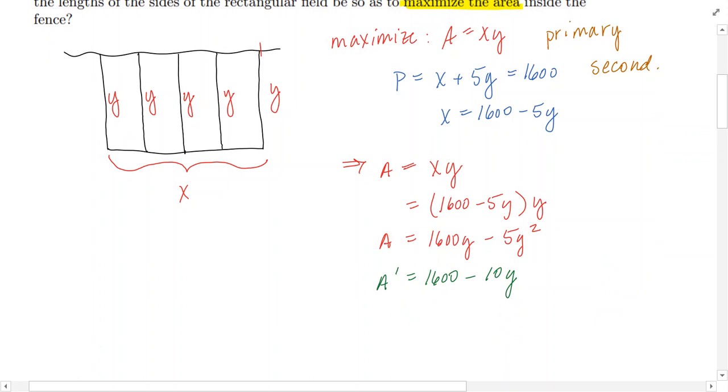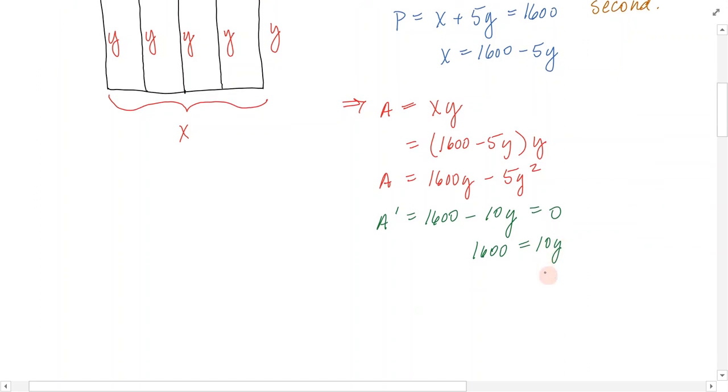So again, when we are finding the maximum or the min, we take the derivative and set it equal to 0. So I have 1600 minus 10y is equal to 0, and 1600 is equal to 10y. When I add 10y to the right and divide both sides by 10, I find out that y is equal to 160.